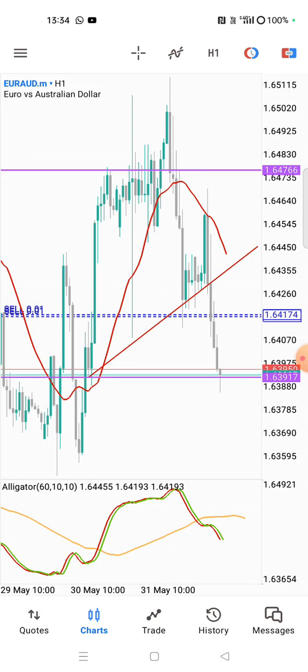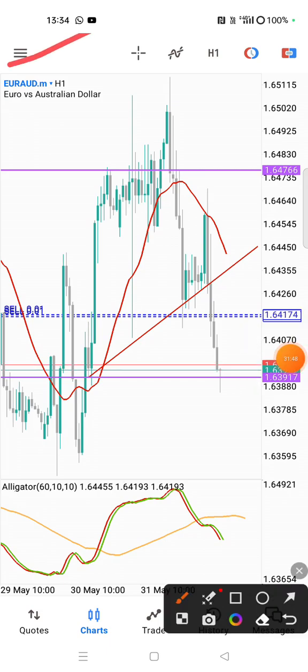Usually, for now, I'm using the H1 time frame. Once I'm done with this video, maybe around 2:30 or 2 o'clock, I will look at my chart and see what's happening.